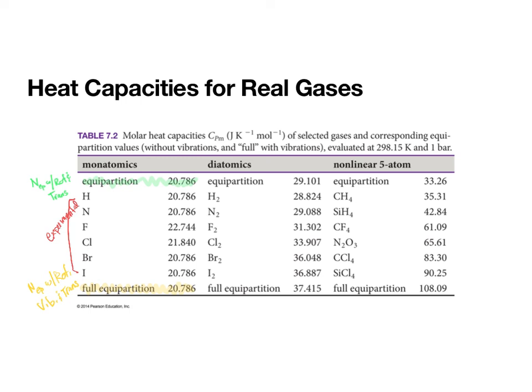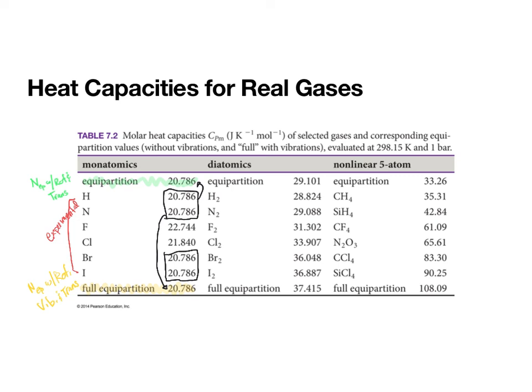And so you can see how when we have a hydrogen atom or a nitrogen atom, our experiment and our equipartition, actually full and simplified, because remember these are atoms, so those are the same, these are really good. Bromine and iodine are really good too.